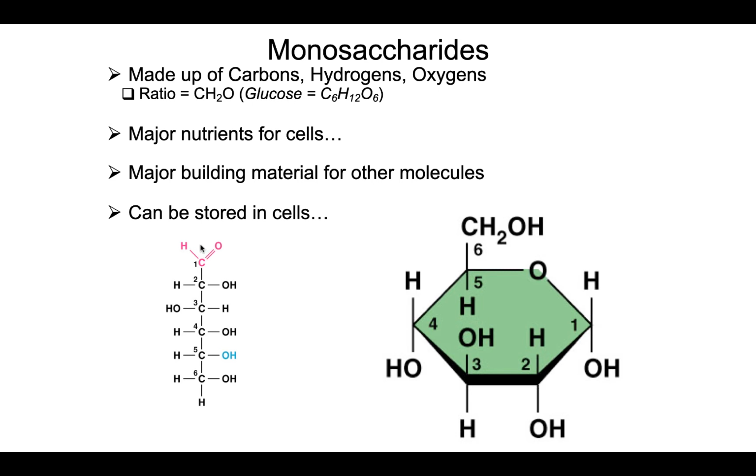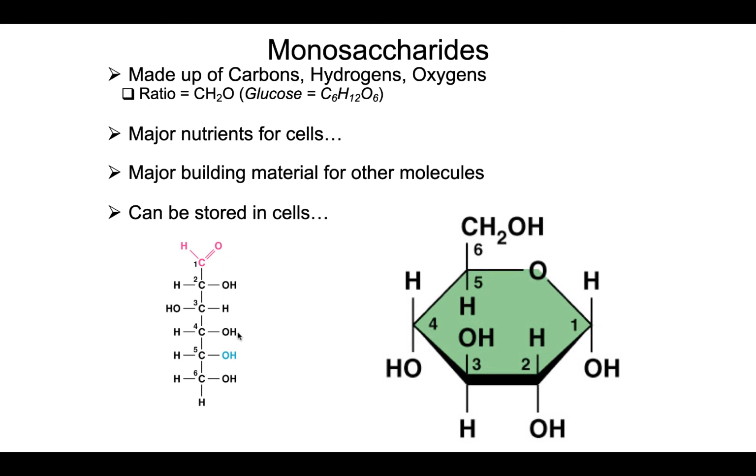So what a monosaccharide is nothing more than a chain of carbons. Now that chain can vary in length, as we'll see in a moment. And in exactly one of those carbons is a carbonyl, that double bonded oxygen. And all the other carbons have a single hydroxyl group connected to them.